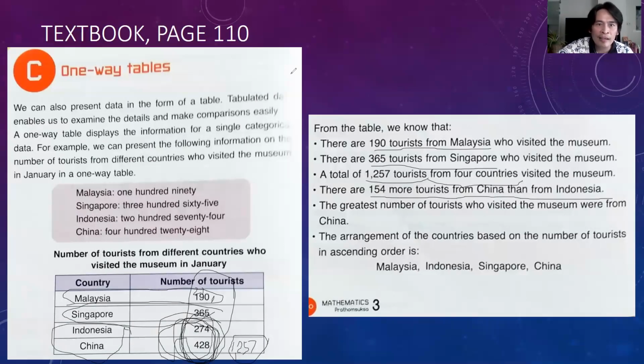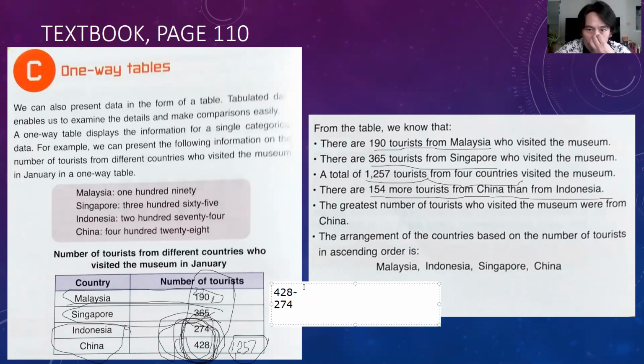So 428 minus 274 is equal to 154. Therefore, this information is correct.